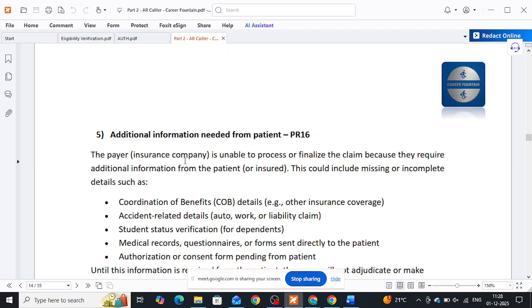They will contact the patient and inform them. If you send a bill to the patient, obviously the patient will call back to the patient calling team and ask the bill reason, and then our patient calling team gives them the information that your insurance is waiting for information from your side and you have not responded yet.